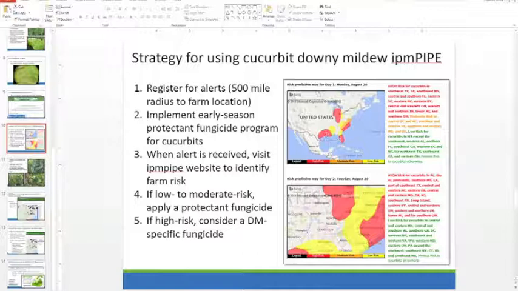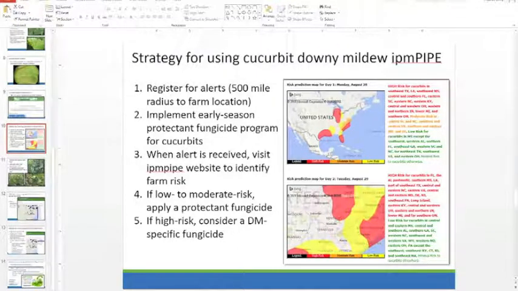In the eastern United States, there's a meteorologist that works with our group to align the confirmed reports of downy mildew with the projected weather forecast over the next few days. These risk predictions are updated 3 times a week. The color indicates the level of risk that you're at. What I encourage folks is that if they're at low to moderate risk, I encourage them to at least apply a protectant fungicide.